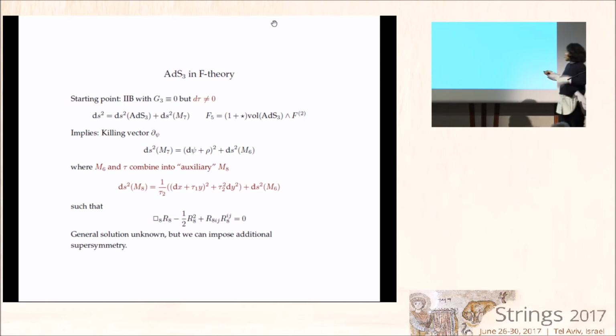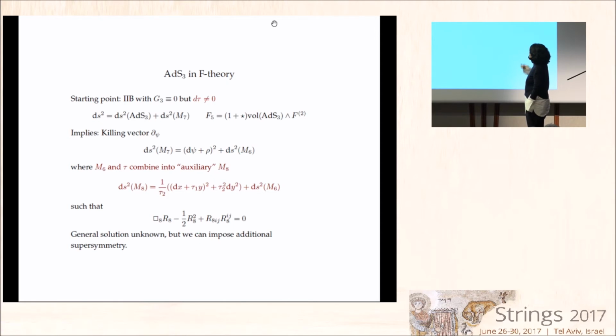Now the Killing spinor equations, if we study them, including this varying tau, give an auxiliary 8 manifold, which at generic points looks like an elliptic fiber, whose complex structure is the axio-dilaton, fibered over a 6 manifold. And its Ricci has to satisfy this equation here.